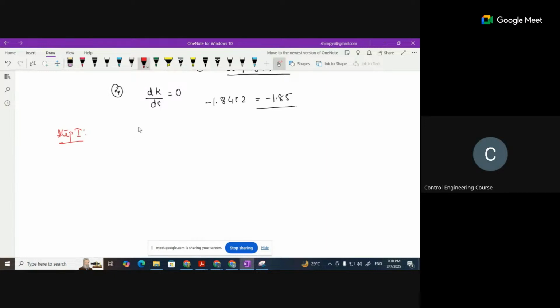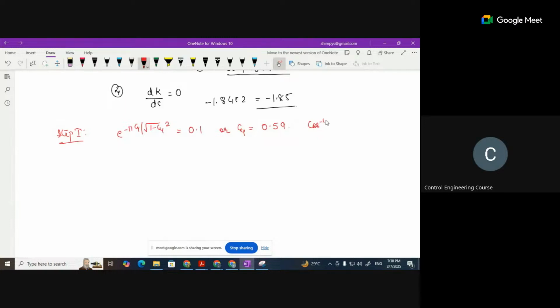So e to the power minus pi zeta by square root of 1 minus zeta square will come out to be 0.1, or zeta will come out to be how much? If you solve this, you'll get it as 0.59.